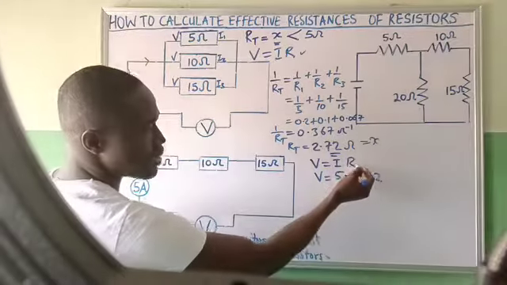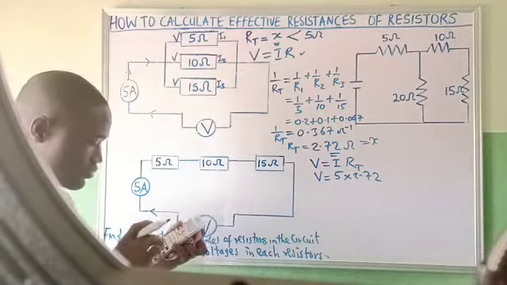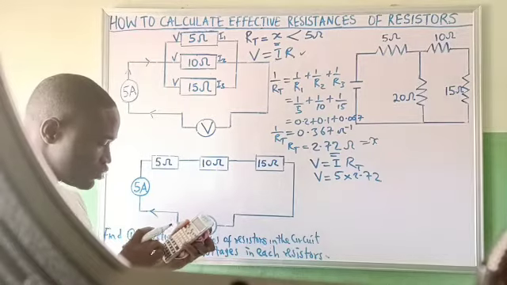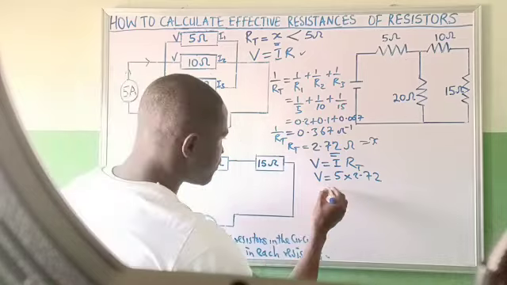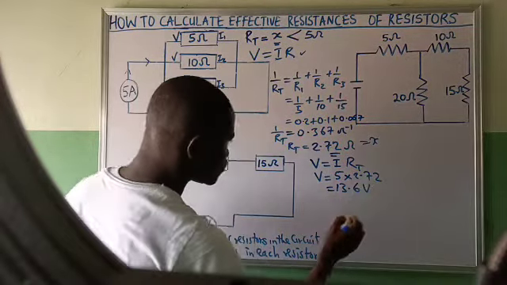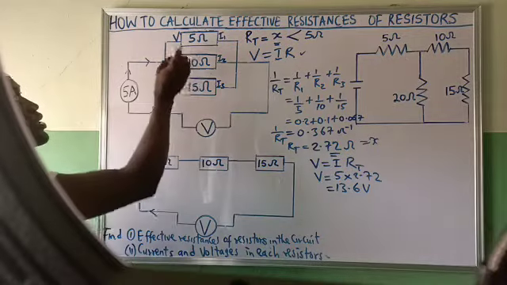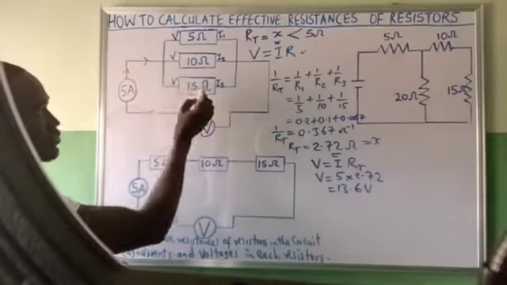That is the total resistance, 2.72. So 2.72 times 5 will give you 13.6 volts. That means the voltage here is 13.6, 13.6, 13.6.